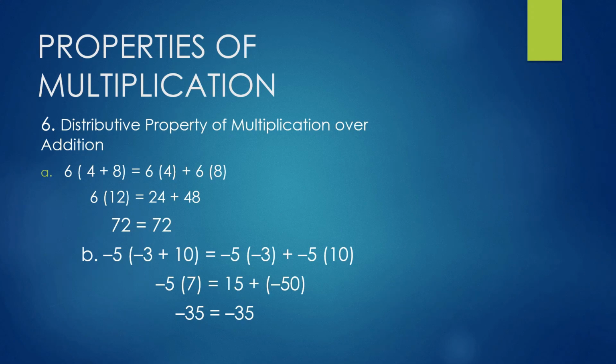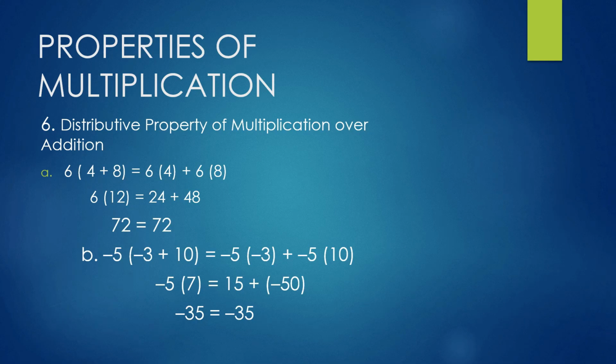So we have 6 multiplied by 4, which is 24. 6 multiplied by 8 is 48. Finding the product of this, 6 multiplied by 12 is 72. On the right side, finding the sum, 24 plus 48 is 72. So the answer is the same, 72 on the left side, and on the right side also 72.